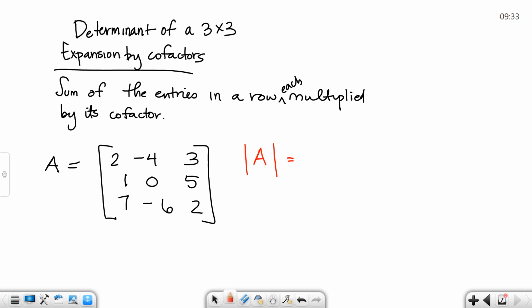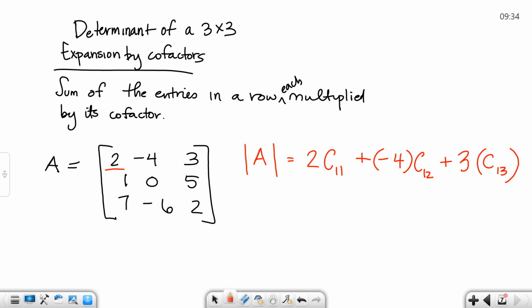I'm going to take the element 2 and multiply it times its cofactor. Then I'm going to take the element -4 and multiply it by its cofactor. And then I'm going to take the element 3 and multiply it by its cofactor. You don't have to write that out there, but that's what it says.